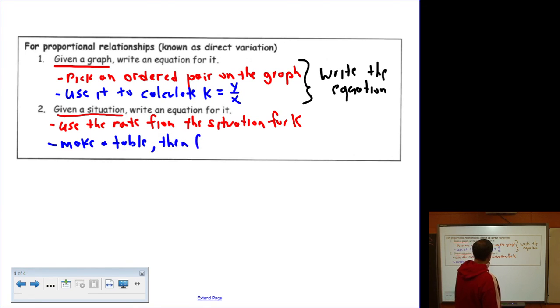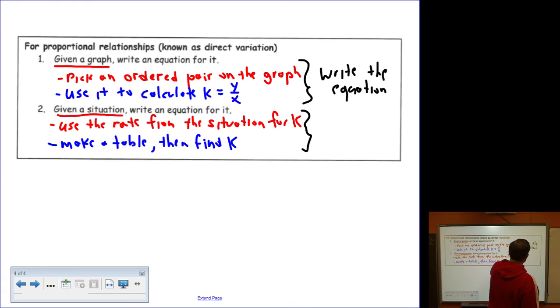Then find k, and once you do those two things, then of course you can write the equation.